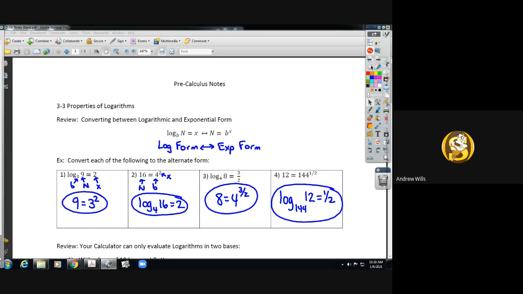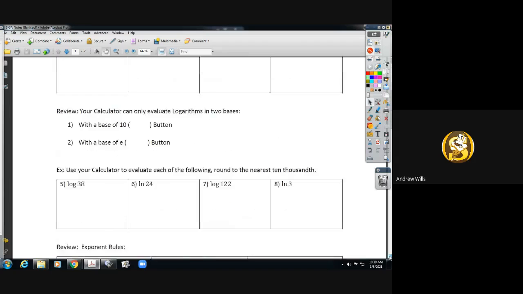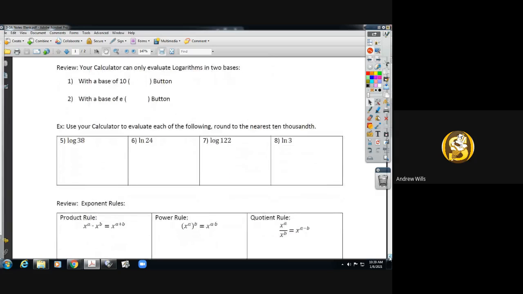Okay. So on to the next skill then. The other skill was using the calculator to evaluate logarithms. Keep in mind that your calculator is only capable of evaluating logarithms in two bases. Base 10, which are called common logarithms.